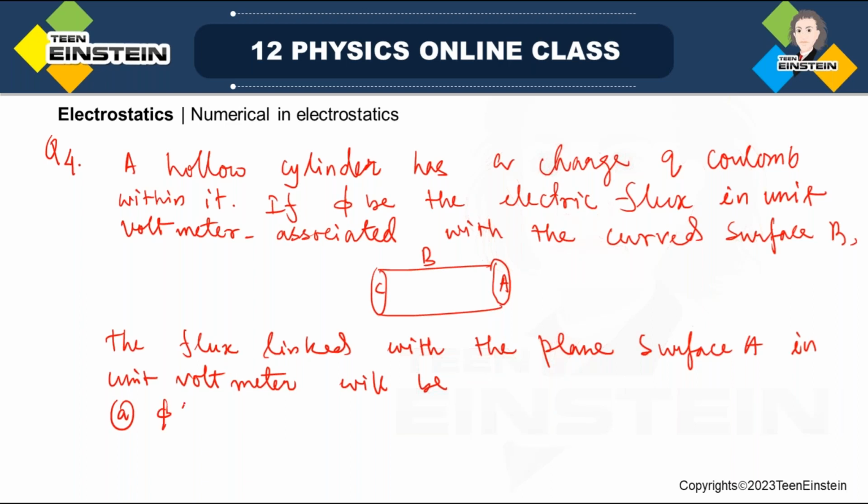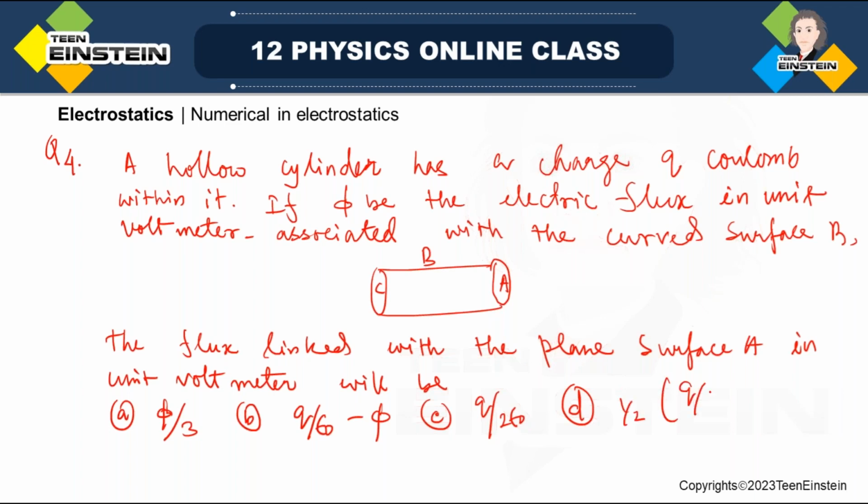Option A is q by epsilon 0 minus phi. Option C is q by 2 epsilon 0, and option D is half of q by epsilon 0 minus phi. So these are the options.